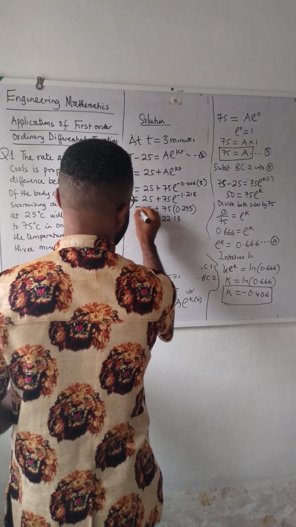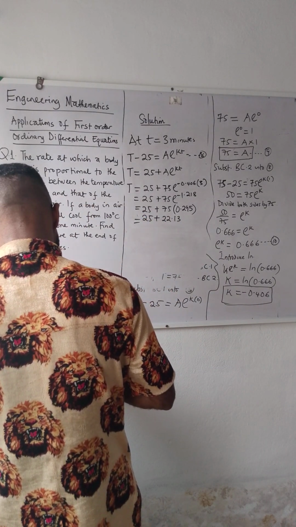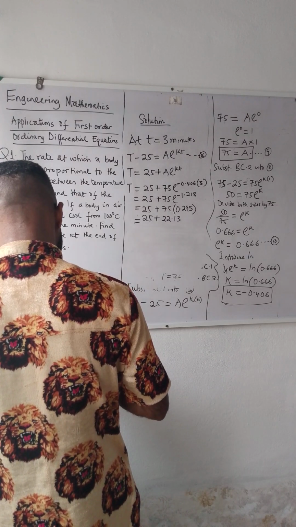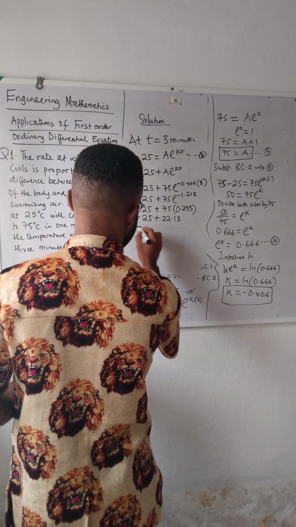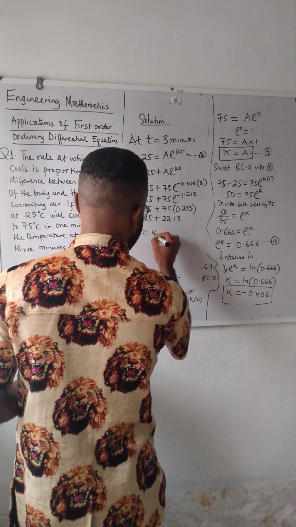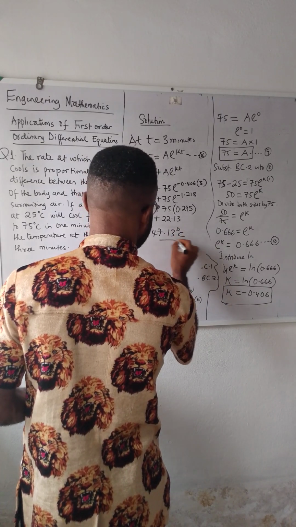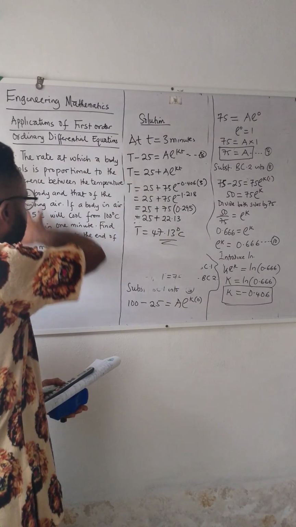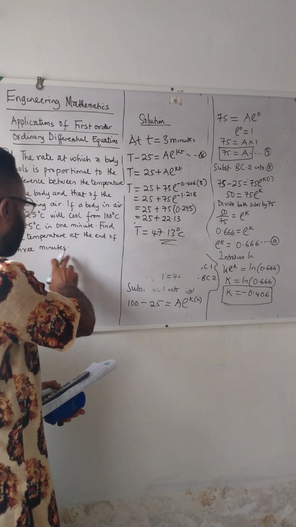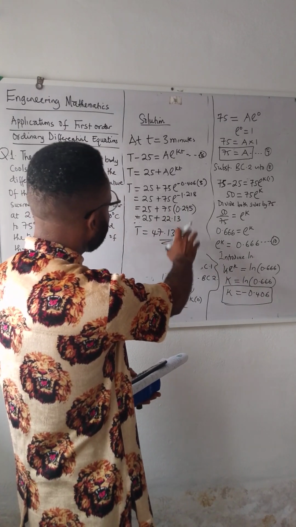At this point, we can now add 25 plus 22.13. So this will give us that our temperature is equal to 47.13 degrees Celsius. What this implies is that the temperature of this body, considering this question, at 3 minutes will be 47.13 degrees Celsius.